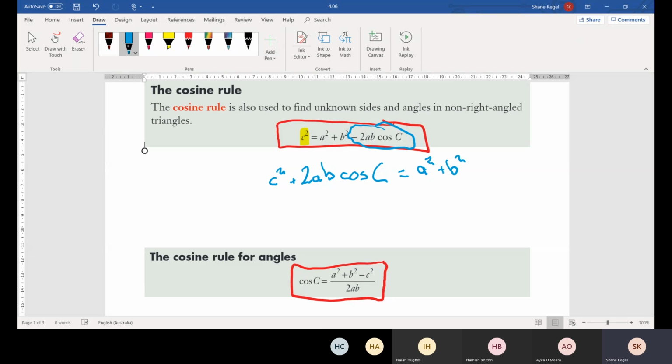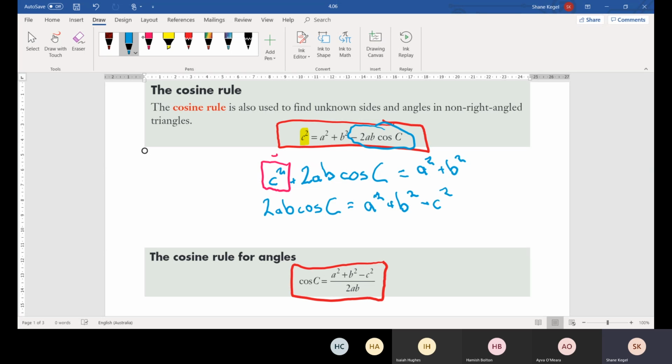And then I've subtracted c squared from each side. So we're left with 2ab cos c gives us a squared plus b squared take c squared.